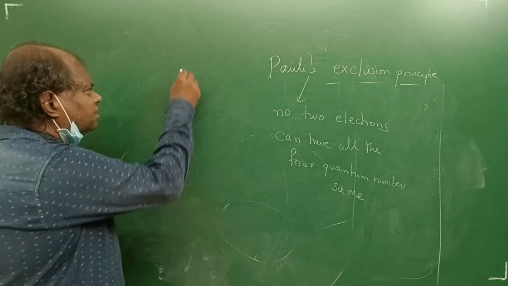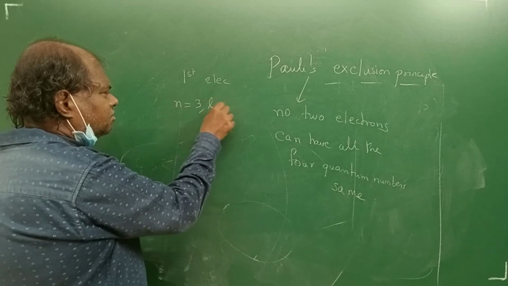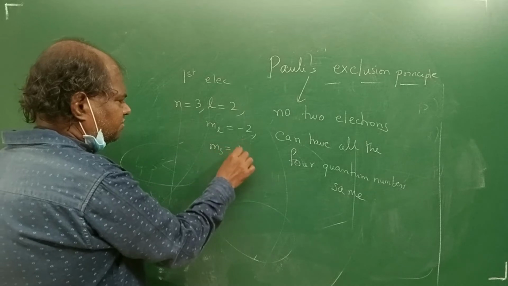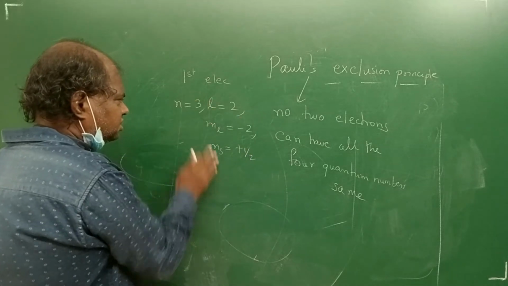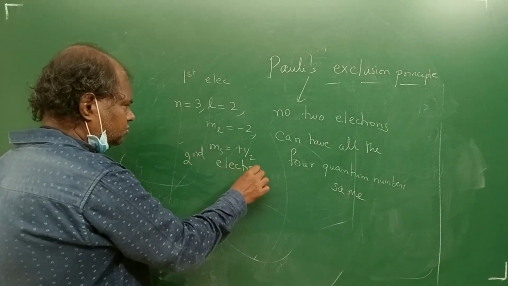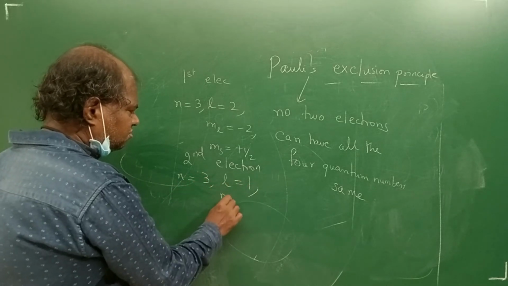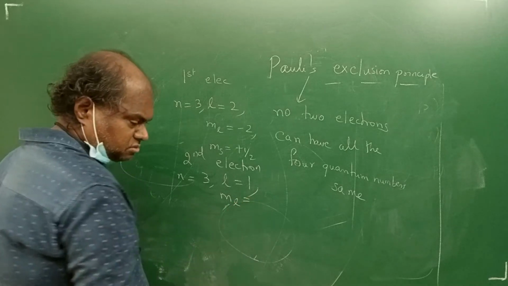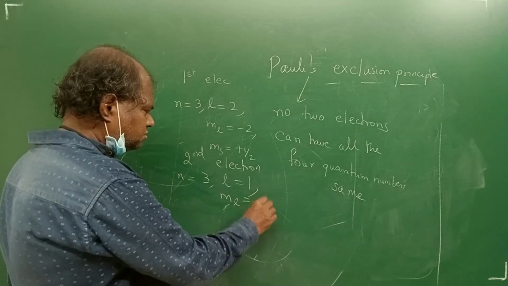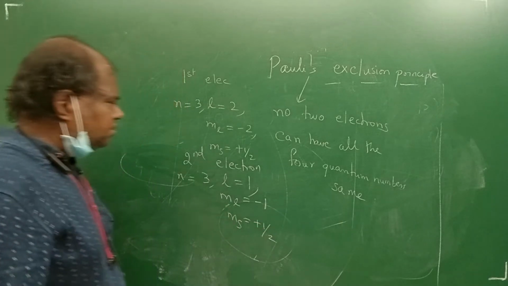I'll give one example now. For example, first electron: n is equal to 3, L is equal to 2, Ml is equal to -2, Ms is equal to plus half. These are the 4 quantum numbers. Now I am going for the second electron: n is equal to 3, L is equal to 1, Ml is equal to, let me take -1, Ms is half.